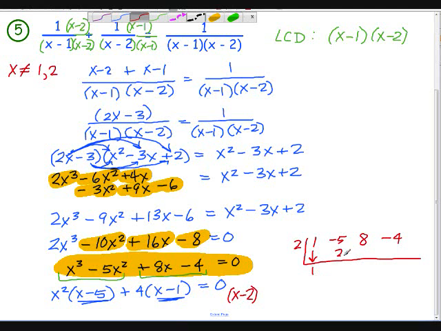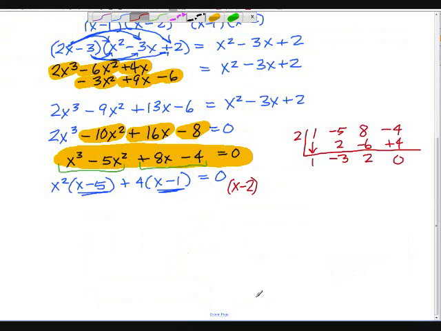Okay, so 2, a negative 3, a negative 6, a 2, a positive 4. Oh my goodness! Oh my goodness, it worked! Now you're going to think that I had this all planned out. I didn't. So now I know that this is a factor because I got a remainder of 0.